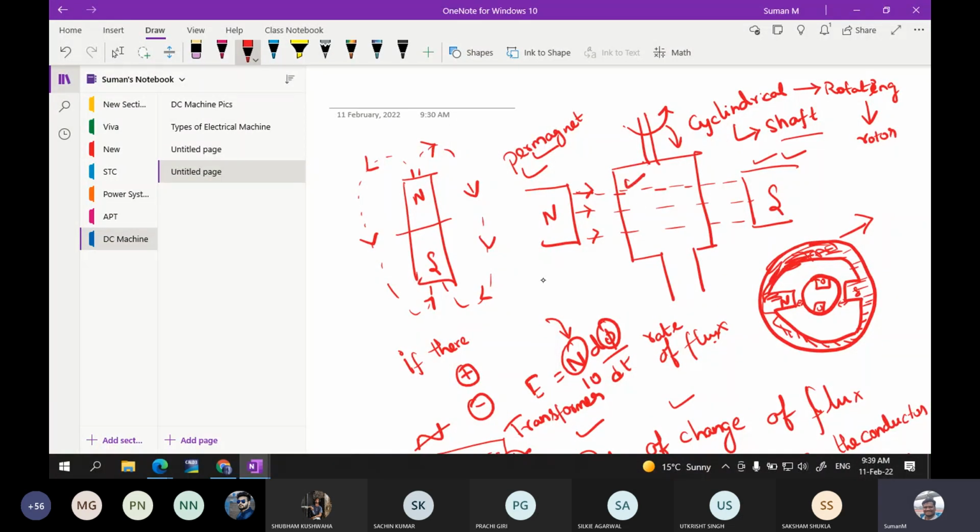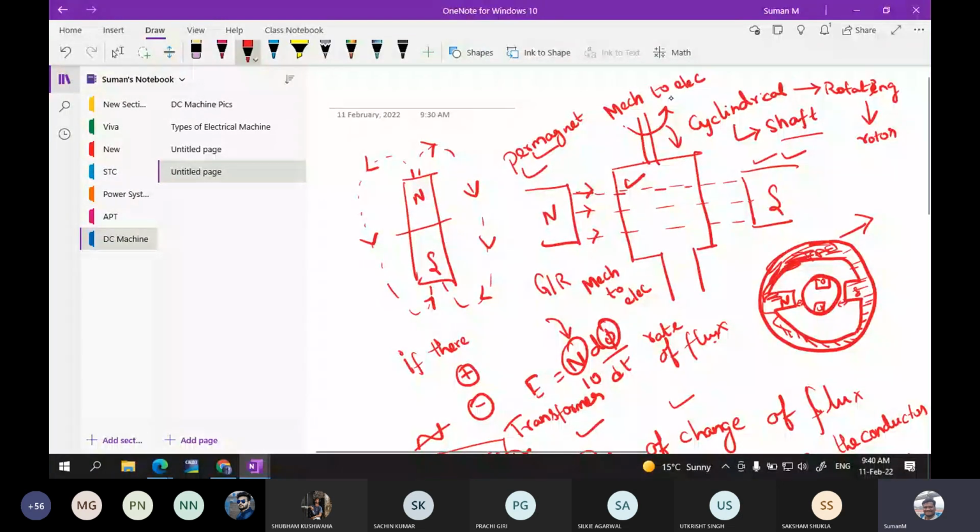In a generator, we convert mechanical energy to electrical energy. When we rotate this shaft, the cylindrical structure rotates and converts mechanical energy to electrical energy.